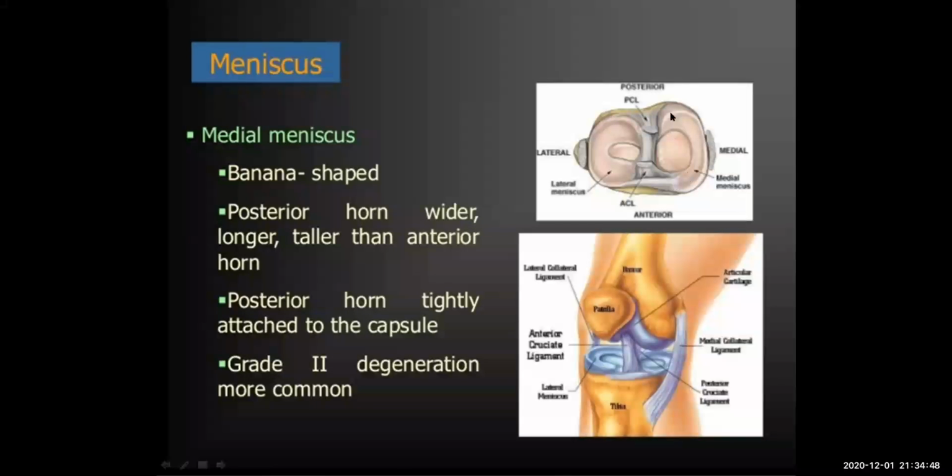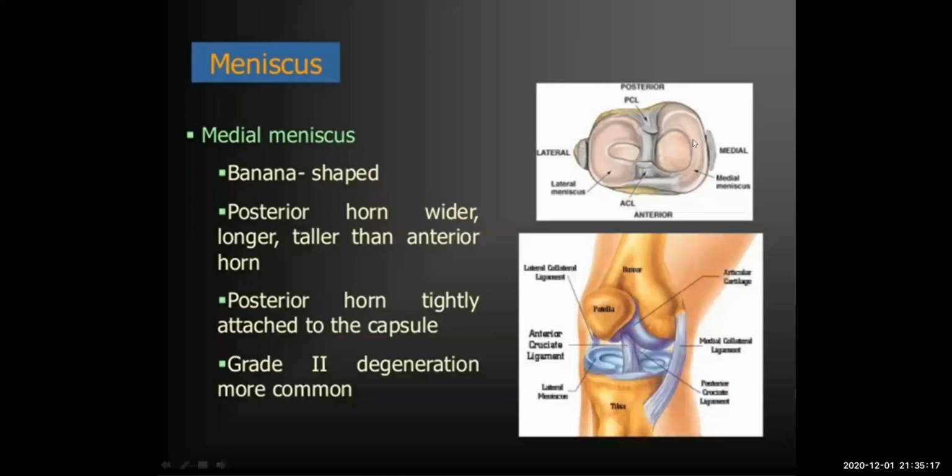Most of the tears of the medial meniscus are degenerative, while the lateral are traumatic. The medial meniscus is closely attached to the capsule with a lot of ligaments, the coronary and transverse ligaments, and other ligaments related to the PCL, the Wrisberg and the Humphrey.